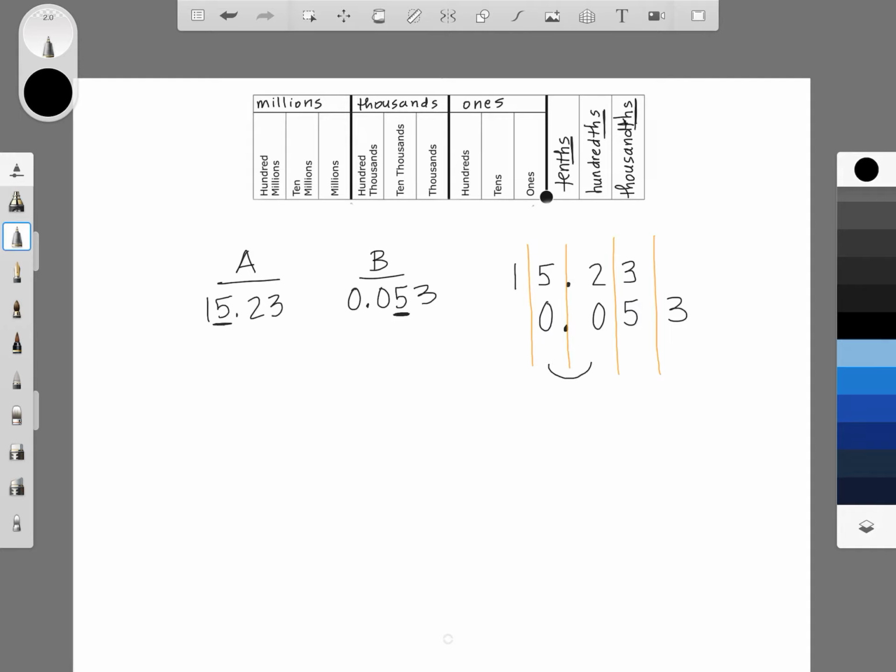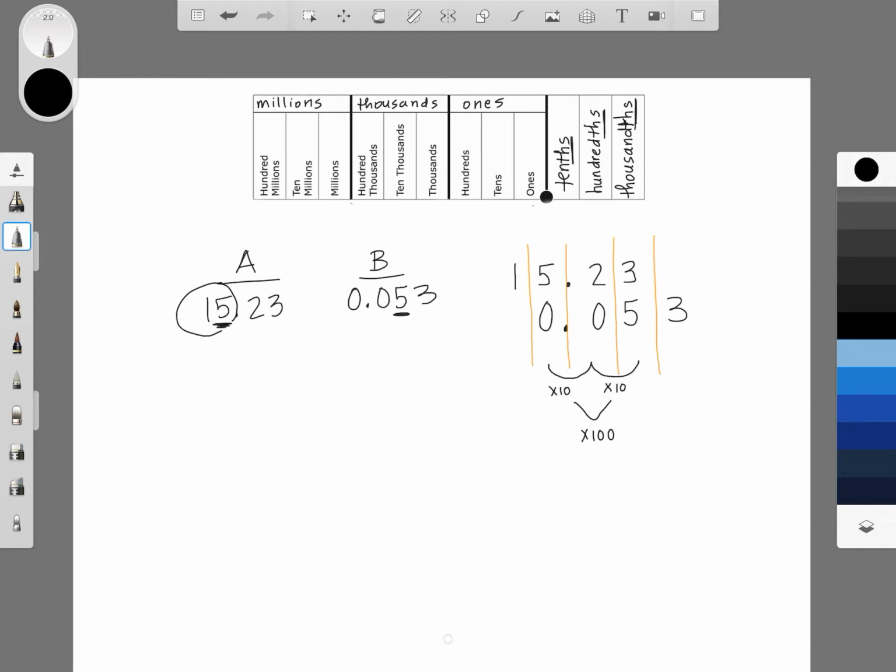Okay, and we're going to see that the 5s are 2 place value positions apart. So that, remember, is times 10 or times 100. So we could say, we look at the numbers right here. Since this 5 is a whole number, it's on this side of the decimal.